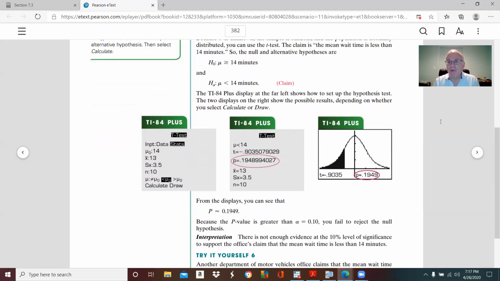What I have found from my own experience of teaching this course several years is that students tend to get confused about which selection they should choose whenever they run into a problem. And they often pick the wrong test and then end up with the wrong answer. So the best thing to do is follow the steps that I give you, which is a little bit longer, but it's doable, and you can always get the right answer.